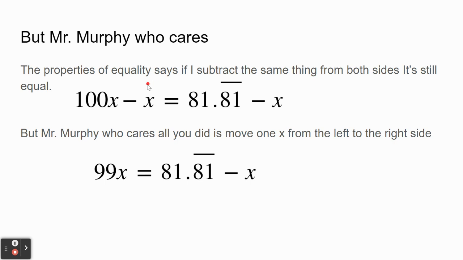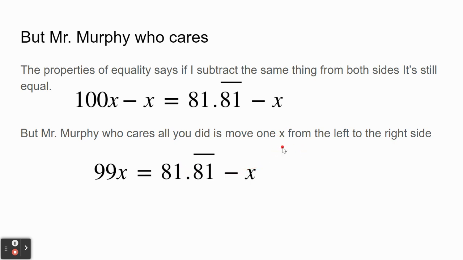So if I subtract x on both sides, they're still equal, right? So 100x minus x is equal to 81.81 repeating minus x. So 100x minus x is 99x, equals 81.81 repeating minus x.